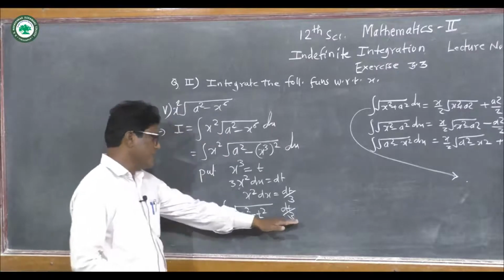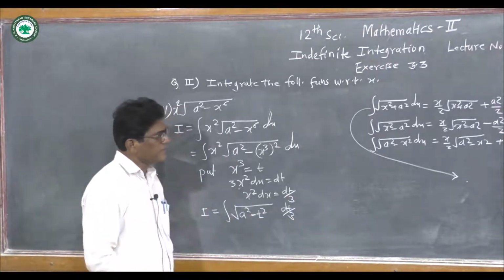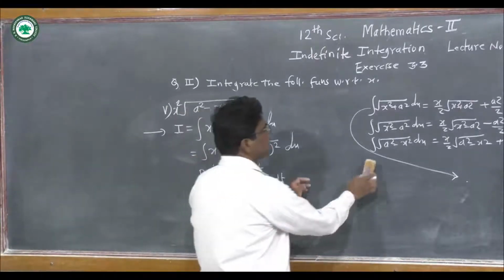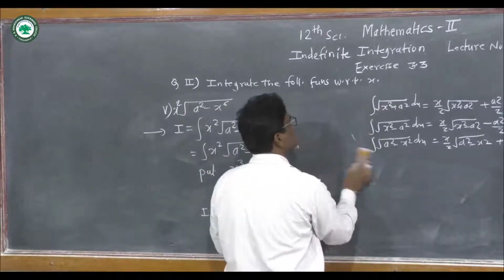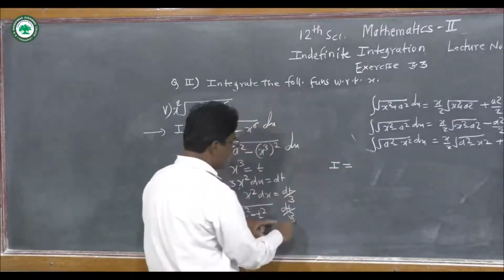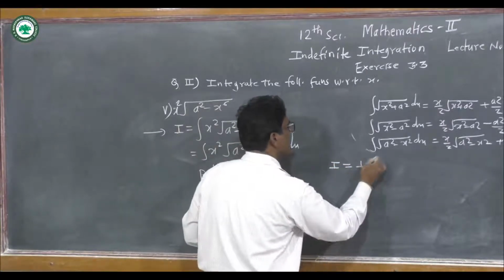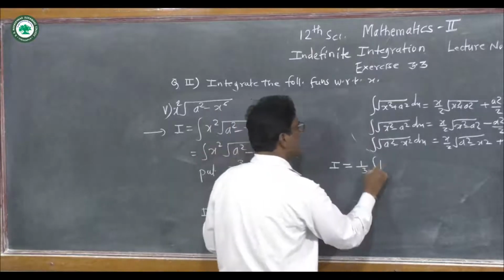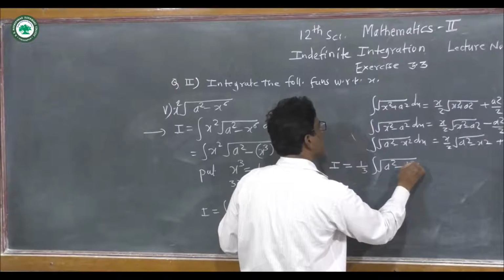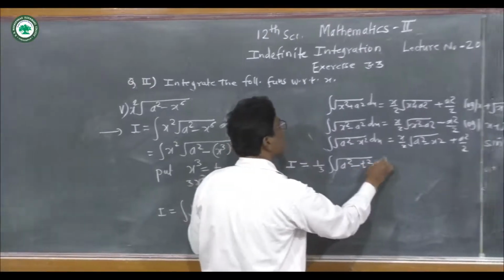This 1 upon 3 is constant, take it outside the integral, and therefore I is equal to 1 upon 3 into integration of under root of a square minus t square dt.